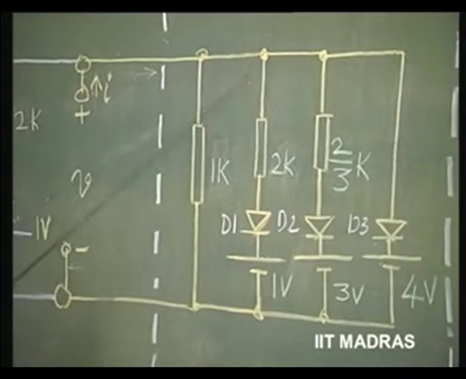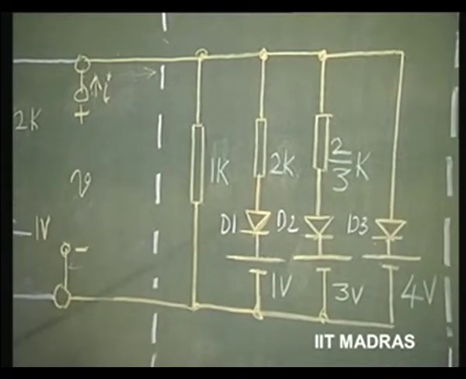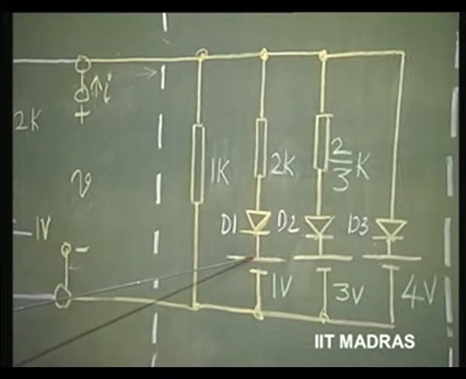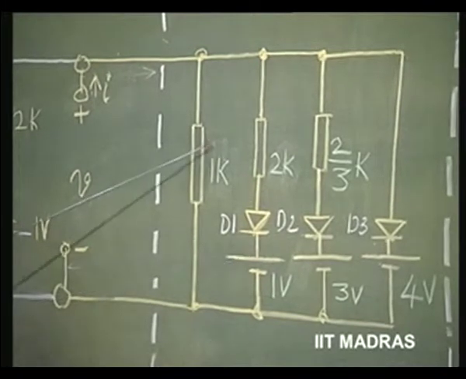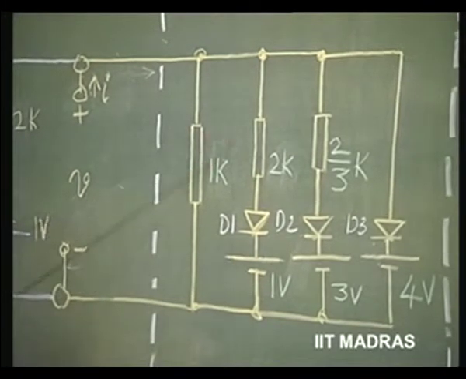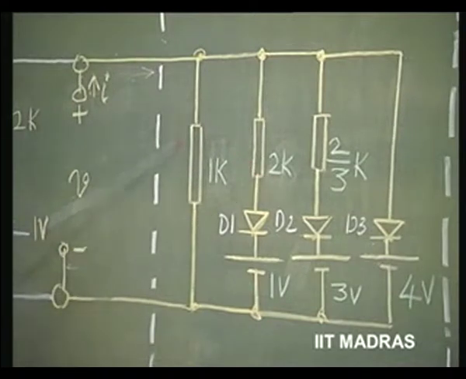So, the moment this voltage crosses 1 volt, this diode starts conducting, and therefore, this is going to be a short circuit, and therefore, 1 kilo ohm is going to be in shunt with 2 kilo ohm, resulting in a slope of 2/3 kilo ohm.